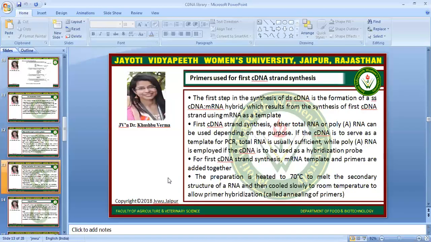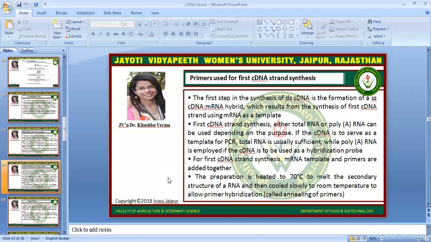Now we will discuss primers used for first cDNA strand synthesis. The first step in the synthesis of double-stranded cDNA is the formation of a single-stranded cDNA-messenger RNA hybrid, which results in the synthesis of the first cDNA strand using messenger RNA as a template. For first cDNA strand synthesis, either total RNA or poly-A RNA can be used depending on the purpose.